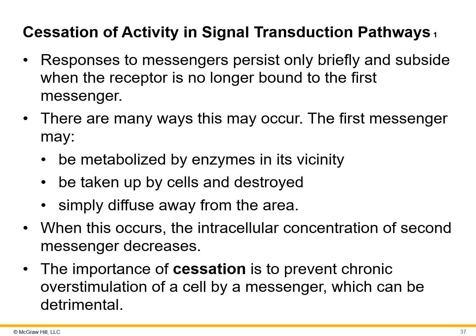So there's many ways that cessation can occur. That first messenger that sits in its binding site can be broken down by enzymes. It can be taken up by other cells and destroyed, or it can diffuse away from the area. Then, once you have that first messenger destroyed, the concentration of the second messenger decreases, and there's a cessation of the cellular response.